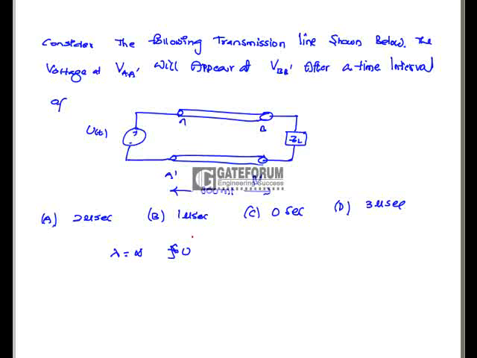If frequency is 0, the phase velocity is approximately equal to the velocity of light. So time is nothing but L by Vp, which is equal to 300 divided by 300 into 10 power 6. That is 10 power minus 6 seconds, which is 1 microsecond. That is option B is correct.